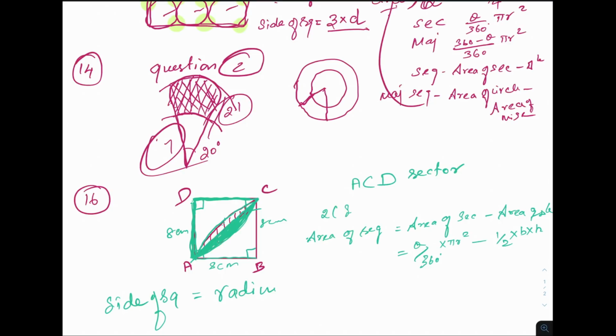So we can easily find it. Just apply it in the formula, and after getting the answer, multiply it by 2 to get the area of the design. Actually, area of design is equal to 2 into area of segment. Why? Because the design is in such a way that we have drawn a line which gives a segment area, so twice it should be multiplied to find the answer.